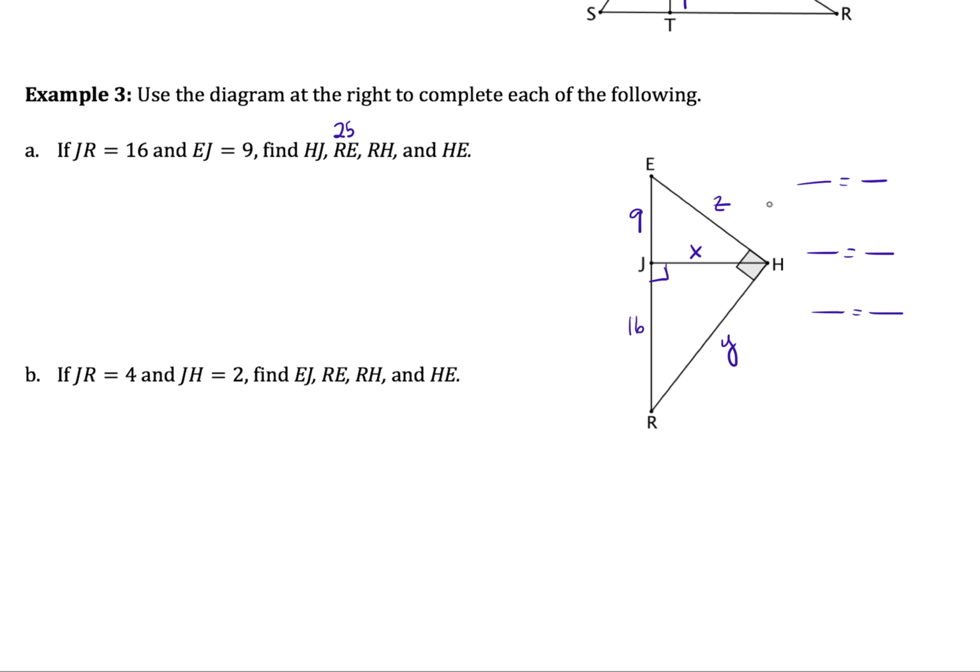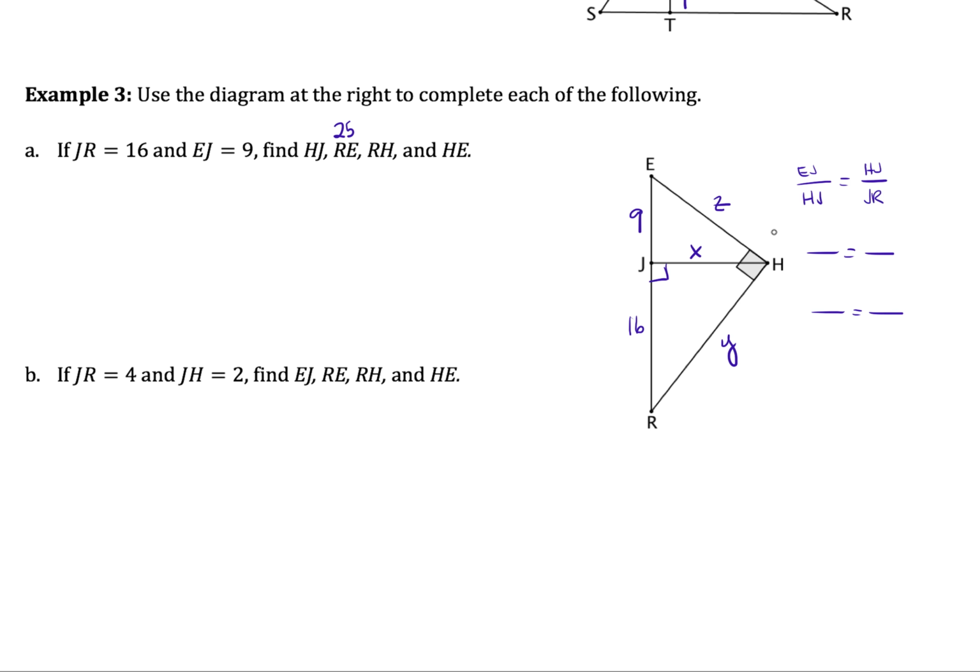First of all, this altitude is the geometric mean between the segments of the hypotenuse. So that means that HJ would be the geometric mean between EJ and JR.